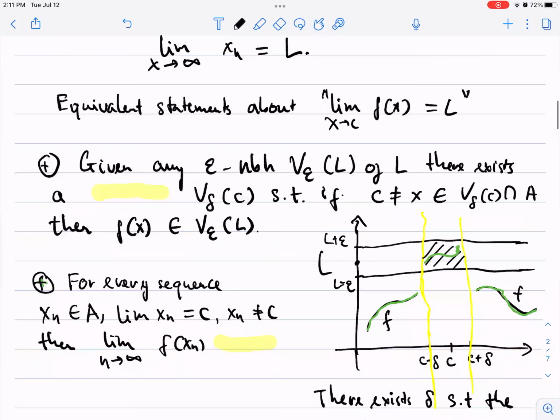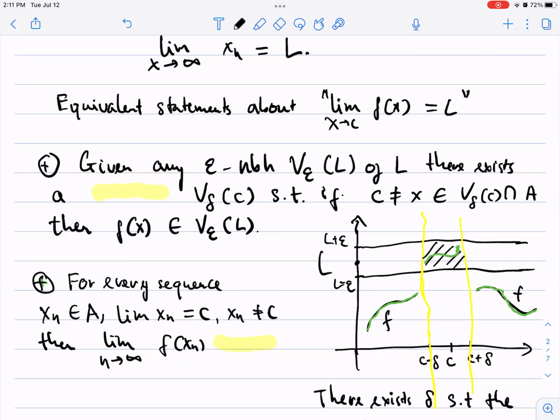Now we're going to have several equivalent statements about the limit of f(x) equal to the number L when x approaches c. The first statement is using the neighborhood language.